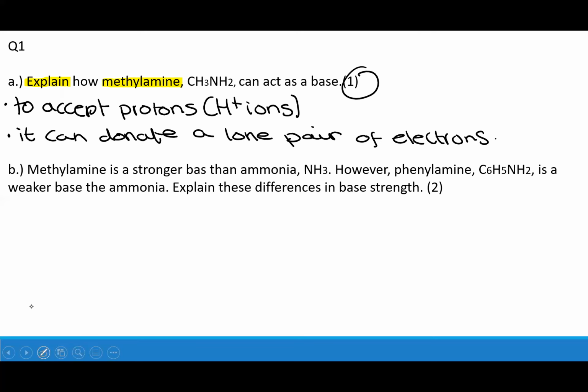Second question, still focused on methylamine. So methylamine is a stronger base than ammonia. However, phenylamine is a weaker base than ammonia. Explain these differences in base strength. Okay, so methylamine, let's start with that.